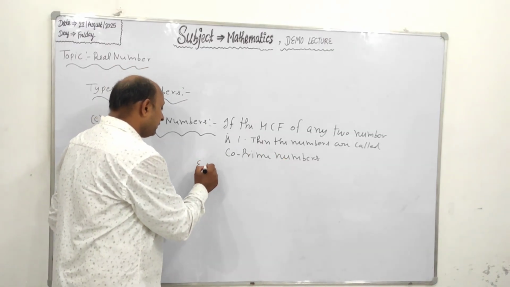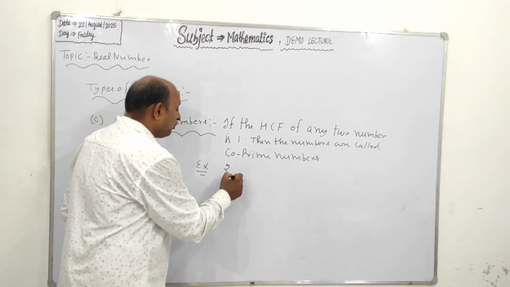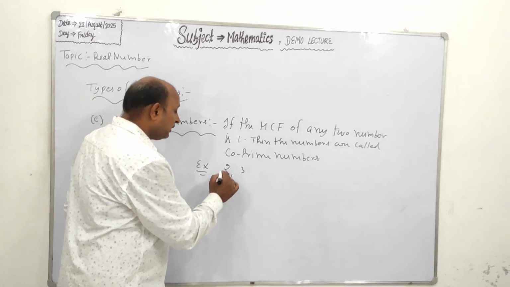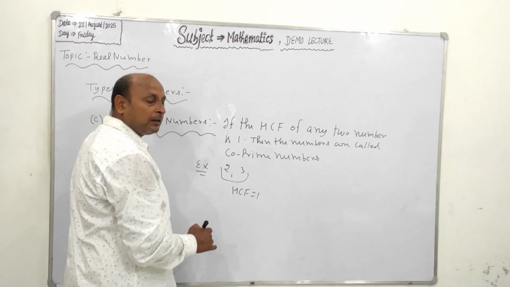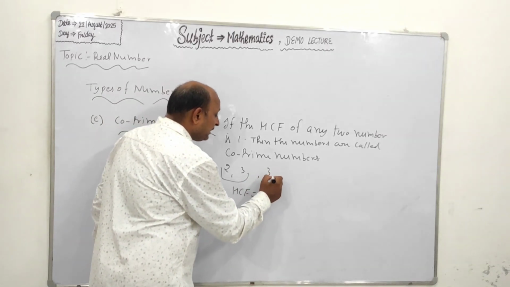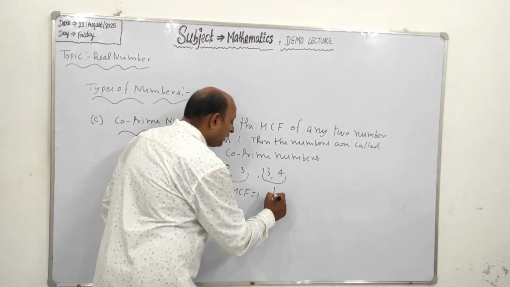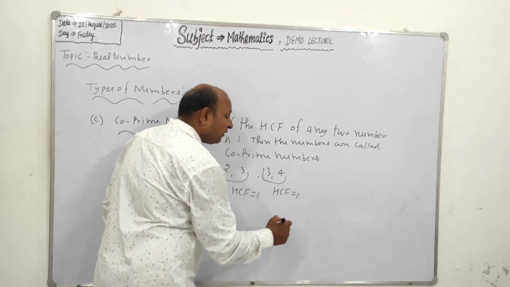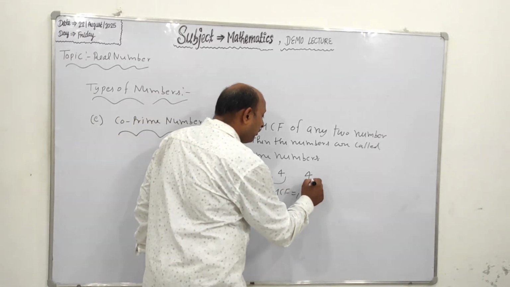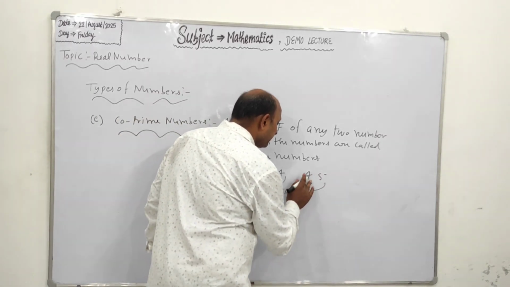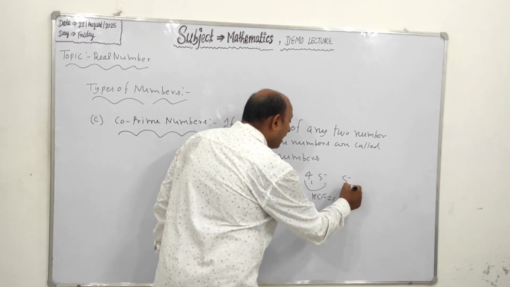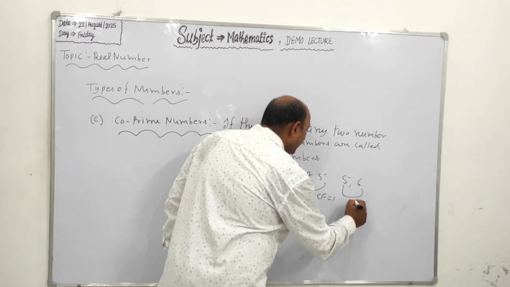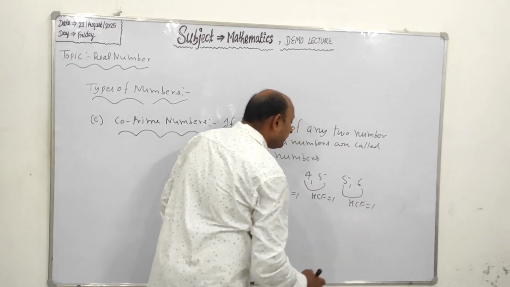Example: 2 and 3, because their HCF is 1. 3 and 4, HCF is 1. 4 and 5, HCF equal to 1. 5 and 6, HCF equal to 1.